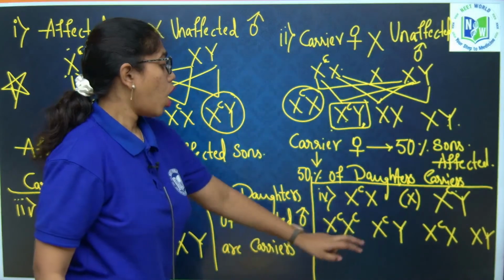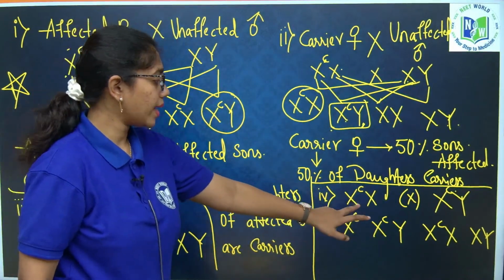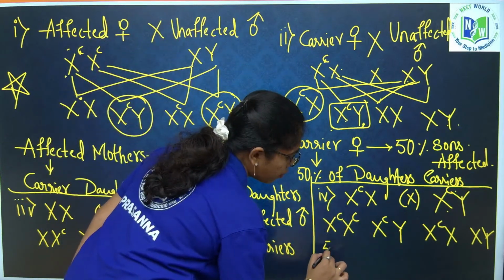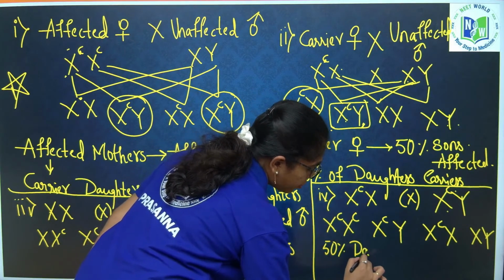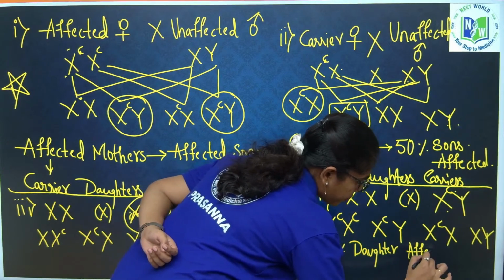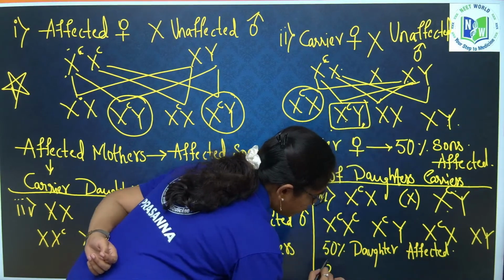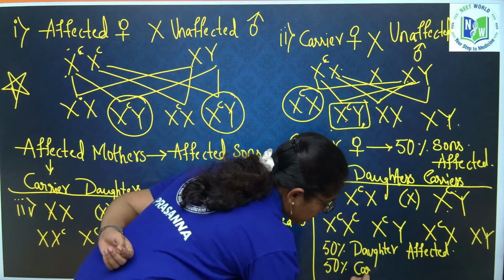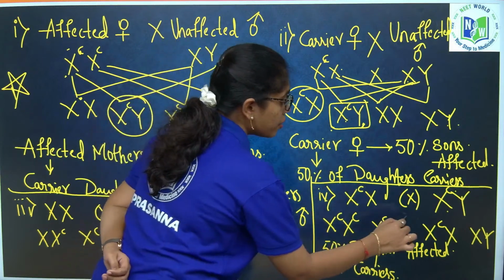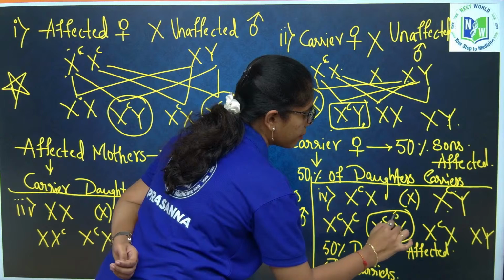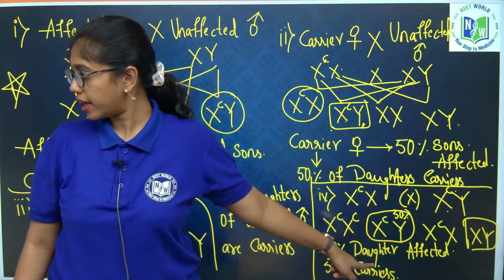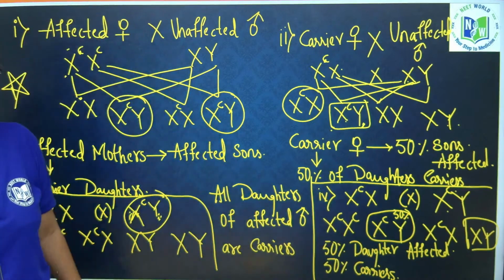So yes, 50% of the daughters are affected and 50% are carriers. Same way, 50% of males are affected and 50% are unaffected.